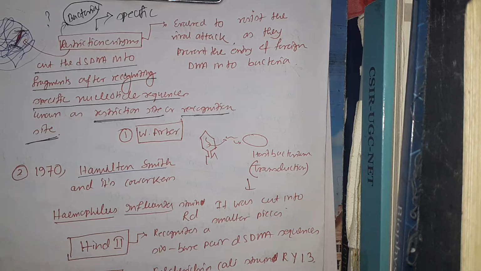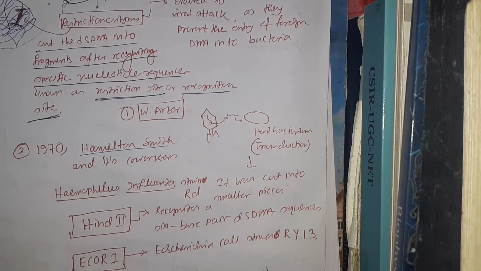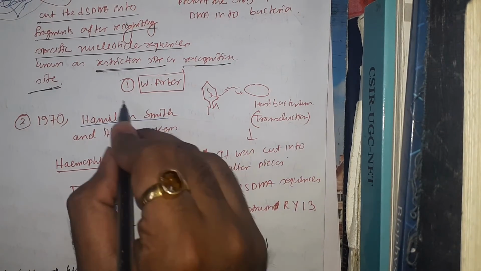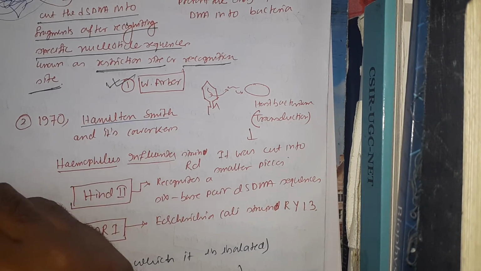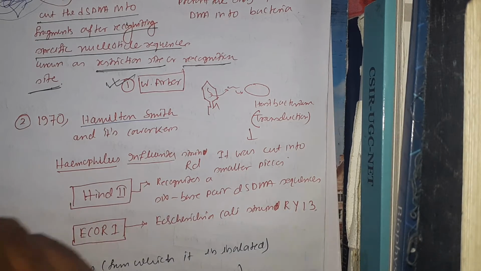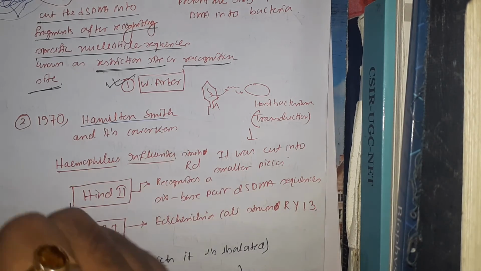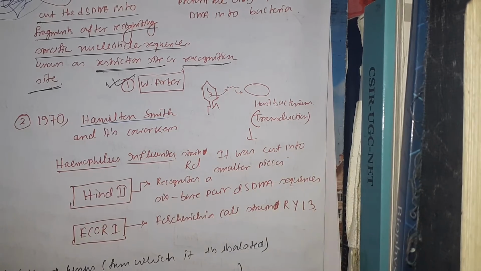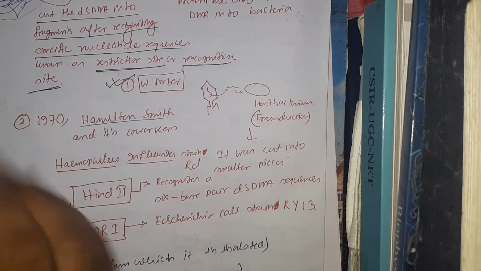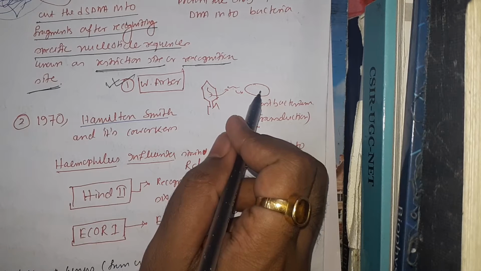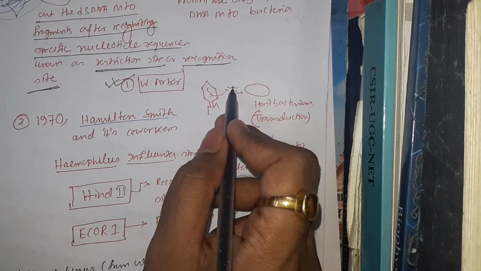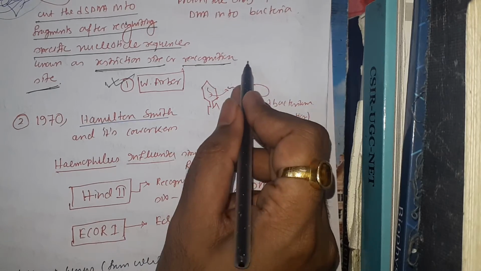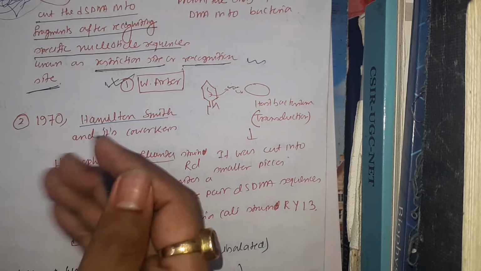Let's talk about their discovery first. The existence of something like restriction endonuclease was first suggested by W. Arber. He found that when a bacteriophage tries to enter its DNA into a host bacterium, there is something in the host bacterium that can cut up this viral DNA into fragments and resist its entry.